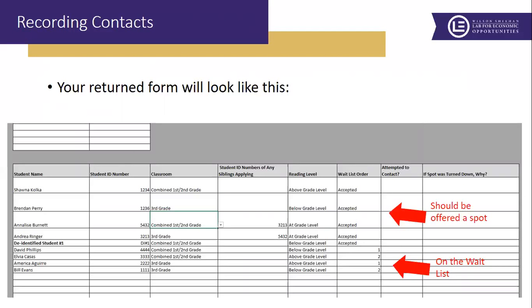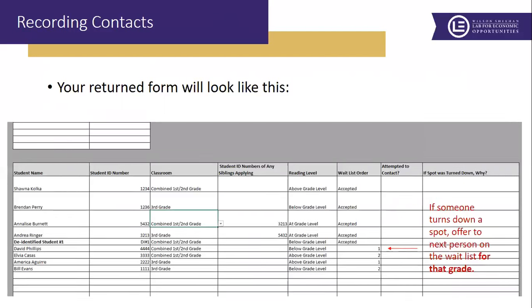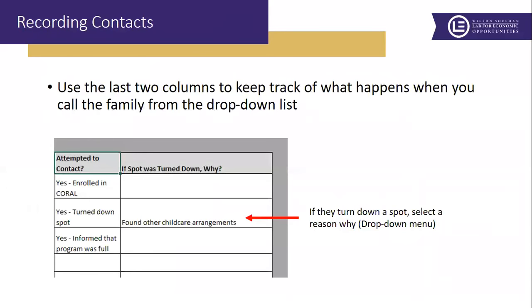It'll show you, if it says accepted, the student should be offered a spot right away. And then the numbers indicate their place in the waitlist for that grade. So if someone turns down a spot, you'll offer it to the next person on the waitlist for that grade. And then we would ask that you fill out these 2 additional columns along the way as you contact students.